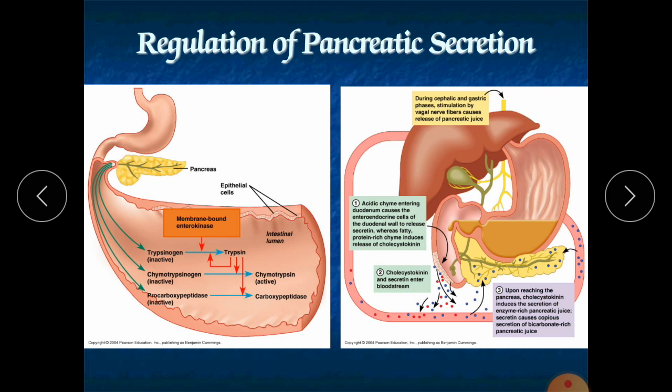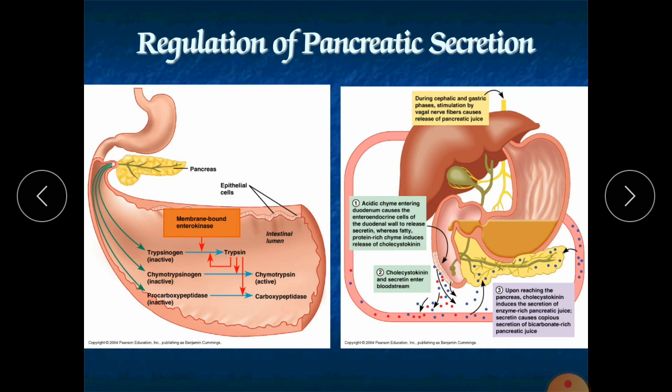It is an enzyme available in the small intestine, especially in the brush border. What is brush border? Brush border is nothing but the group of villi and microvilli. These villi and microvilli are responsible for conversion of these various enzymes into their active form.